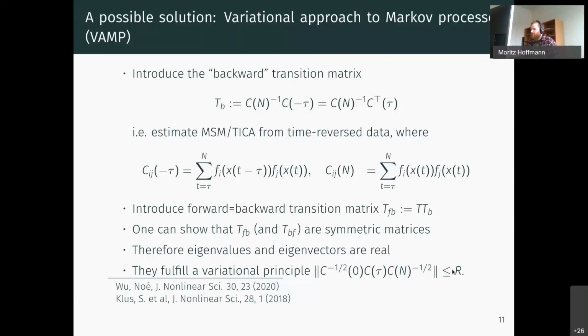And this expression is also bounded from above by some constant. We don't know the constant, but we know that if we maximize this expression, we will get closer to the constant and get closer to the true operator. Okay.